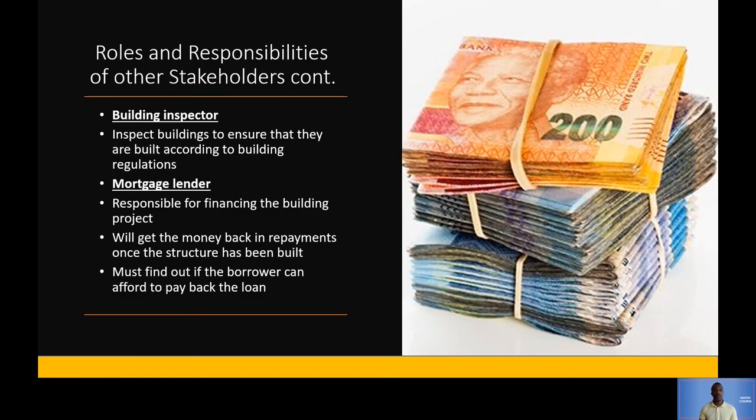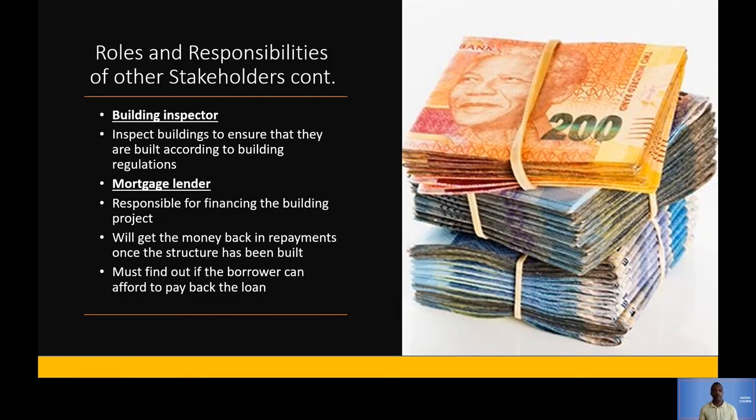He's responsible as well for getting the money back in repayments once the structure has been built. So as a bank, think of a banker. Once you build your building, you build your mall, you need to pay them back. So he's responsible as well for claiming his money back.